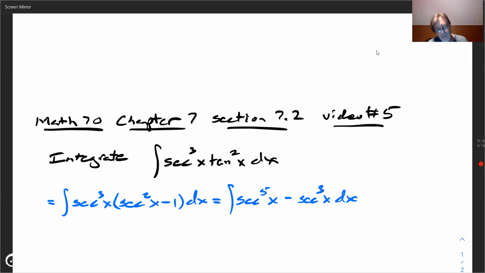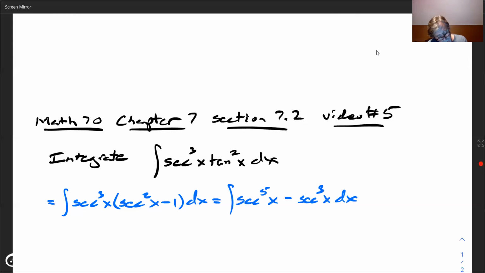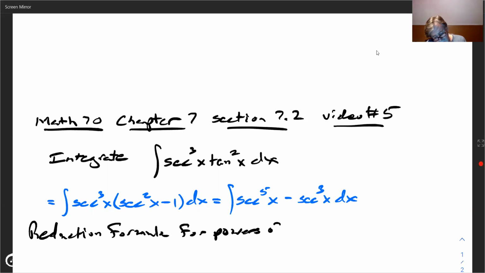So what we're going to do is take a look at a reduction formula for powers of secant. And folks, then you'll have everything you need to know in order to tackle and conquer this kind of stuff.